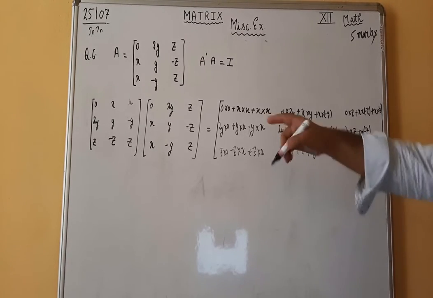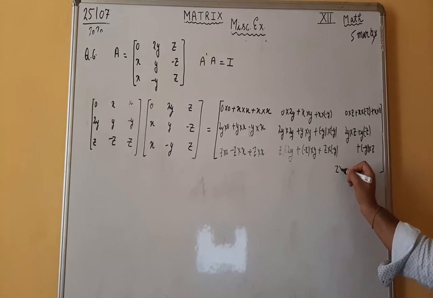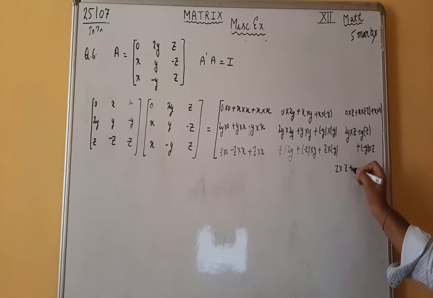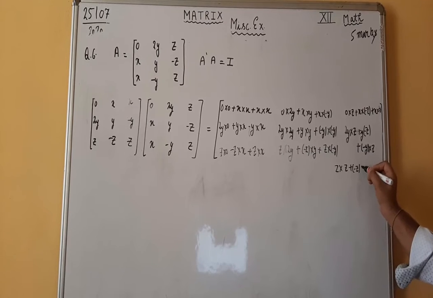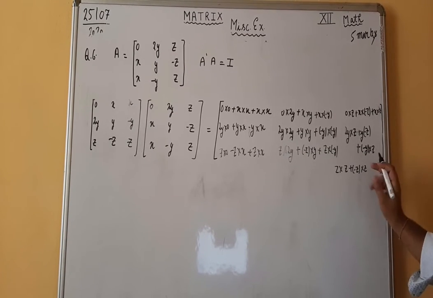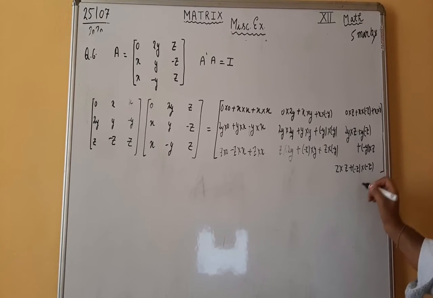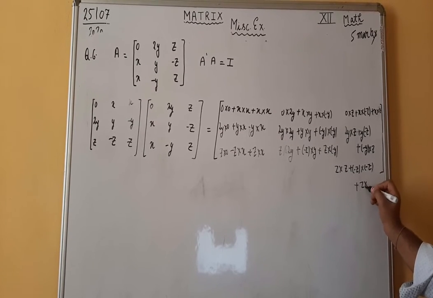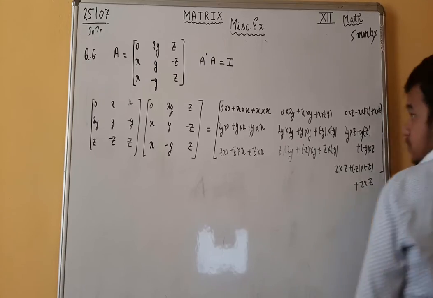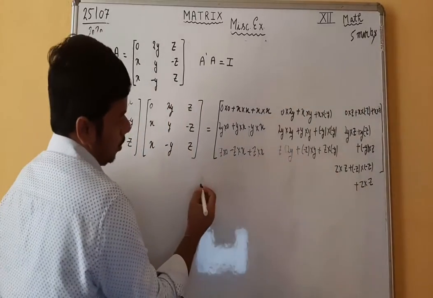Right? Now third row, third column: z into z minus z into z minus z into minus z plus z into z. See, now what?